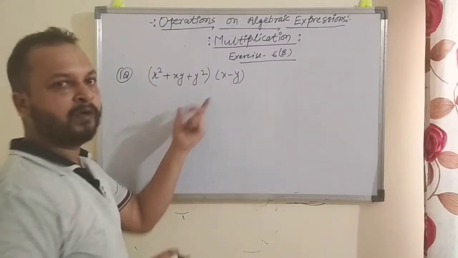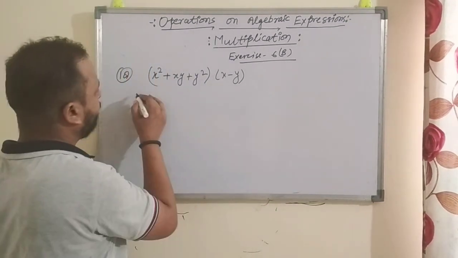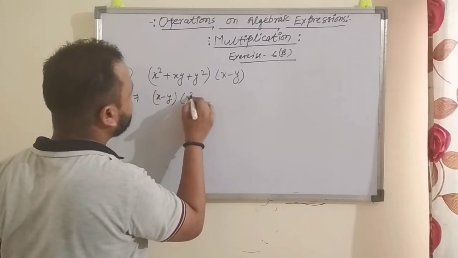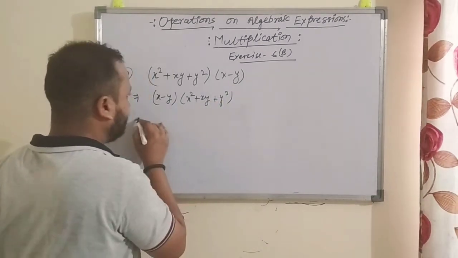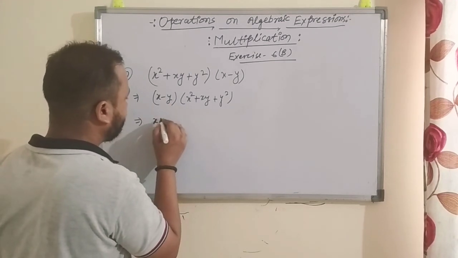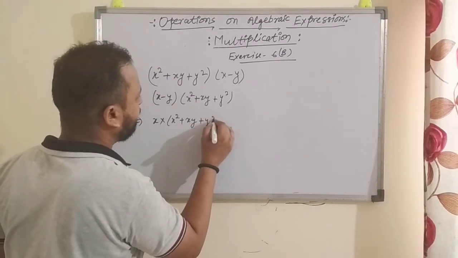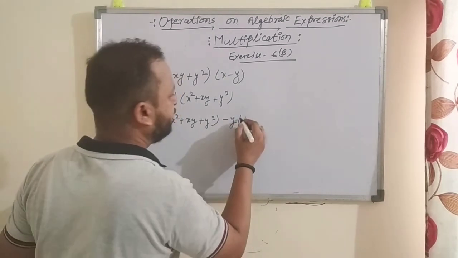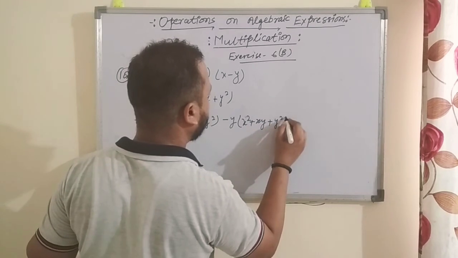Actually this is a formula, right? So when you solve it, you will get the formula. I can also write it as x minus y times x square plus xy plus y square. Just apply the distributive law. So x is being multiplied with x square plus xy plus y square, and then minus y is being multiplied with x square plus xy plus y square.